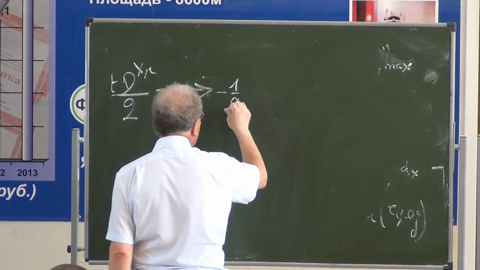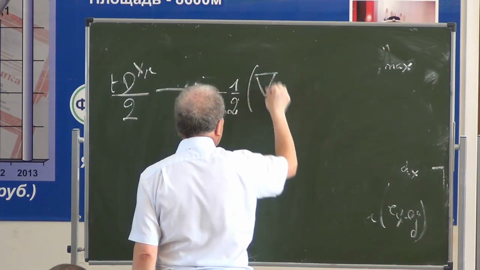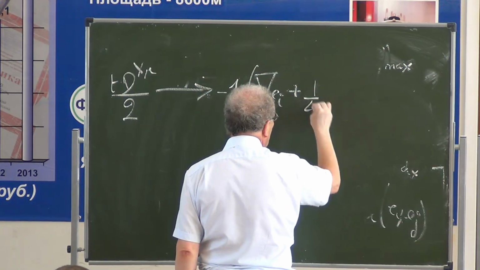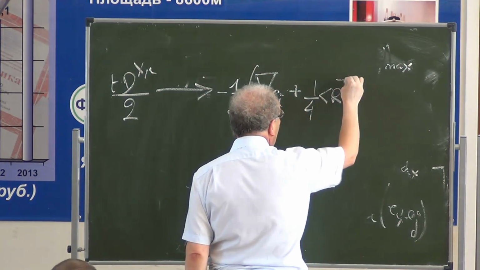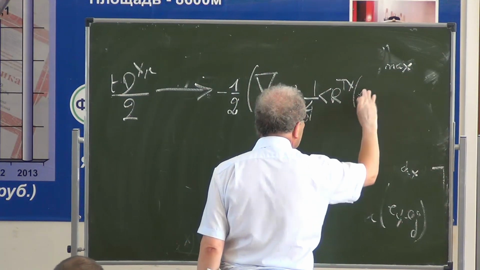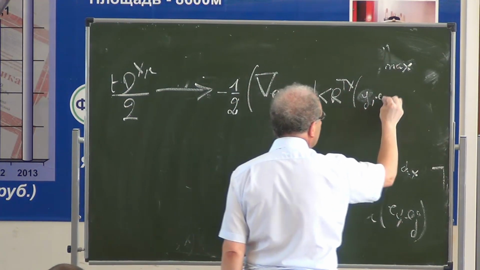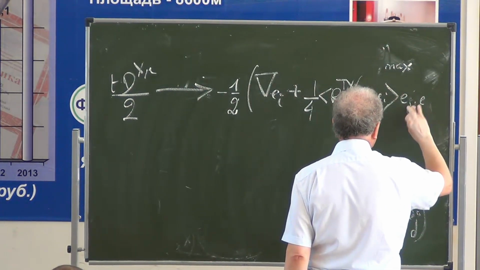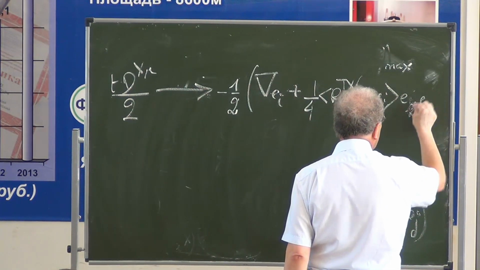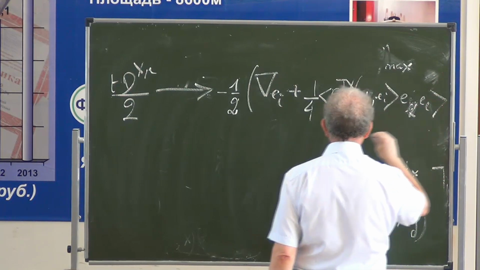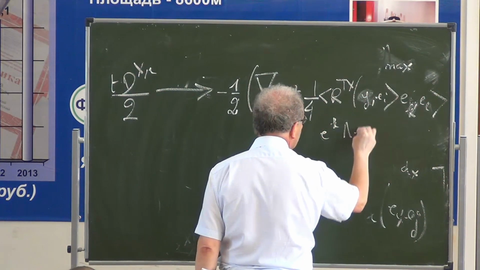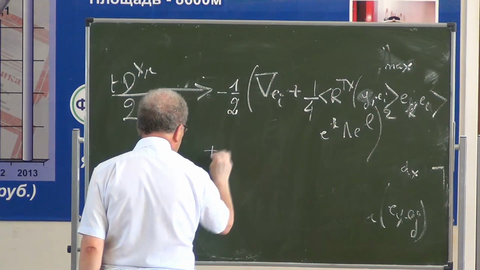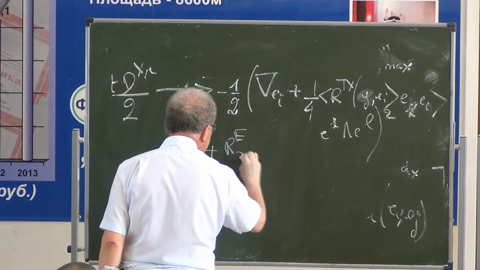minus 1/2 of nabla EI plus 1/4 of RTX Y EI EJ, EKEL, EK wedge EL square plus REX.